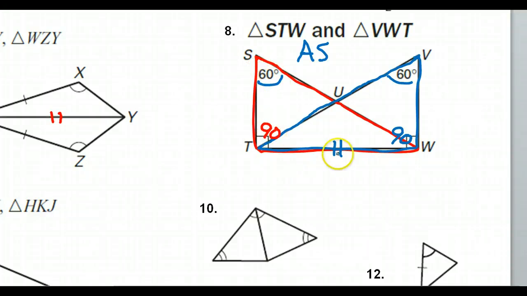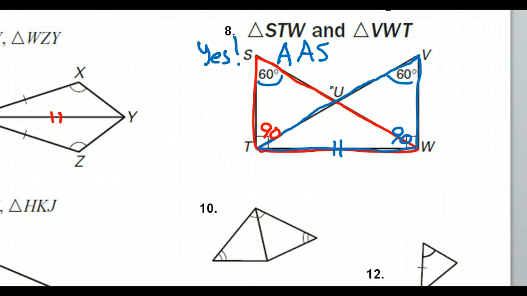Is the side in between the two angles, or is the side off to the side? Hopefully you can see that the side is not between the two angles. I have the 60 and the 90, and the side is not between them. It's not right here. So that means this is angle, angle, side. So I would say yes, these two triangles are congruent by angle, angle, side.